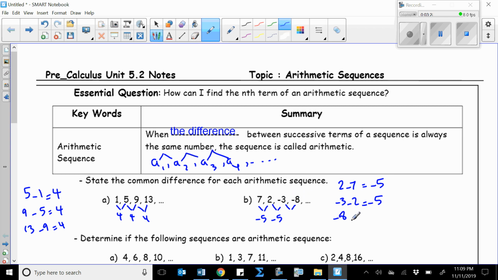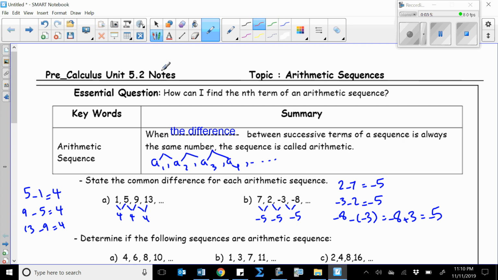It will be negative 8 minus negative 3. Negative times negative is positive, so it will be negative 8 plus 3, which is equal to negative 5. So again, the difference between these two terms is also negative 5. So this is also an arithmetic sequence.